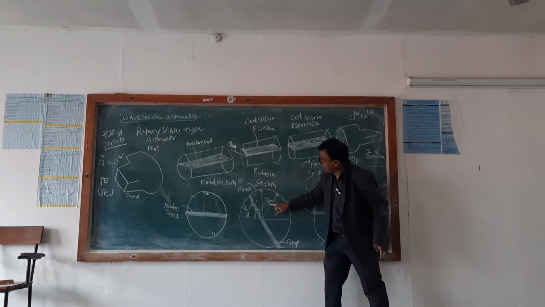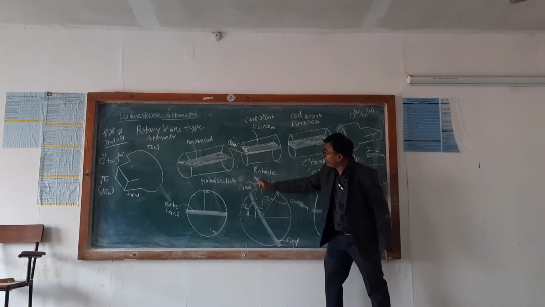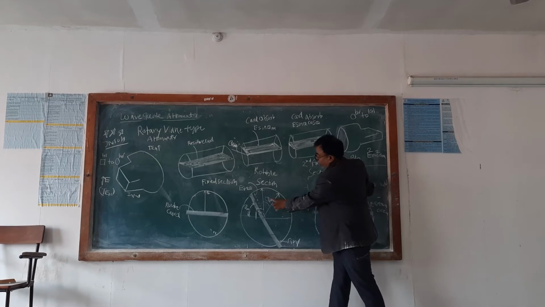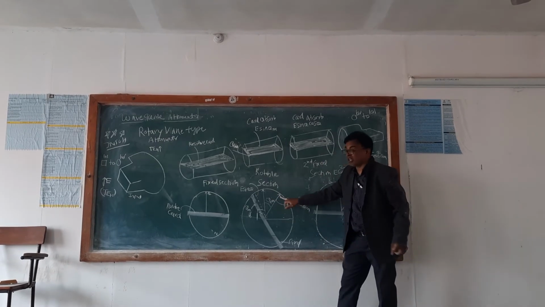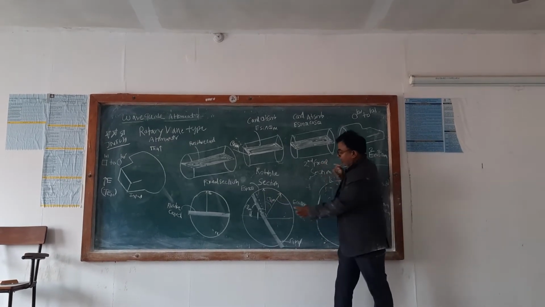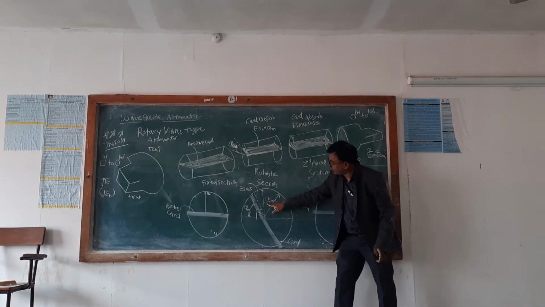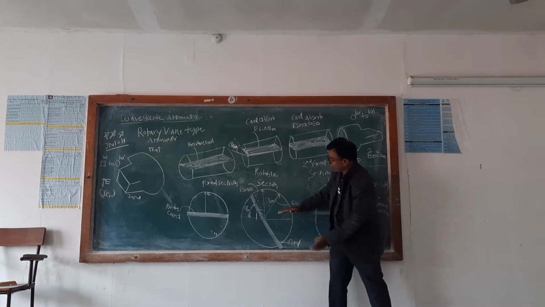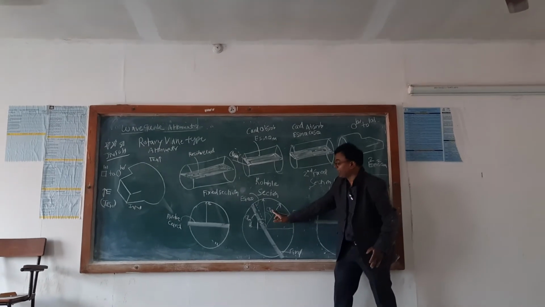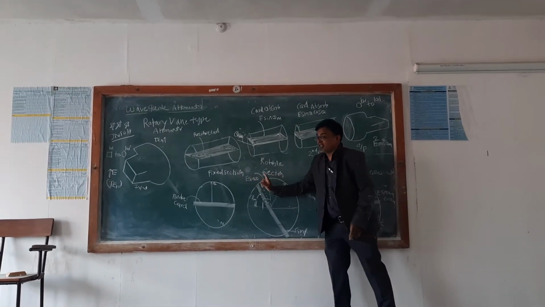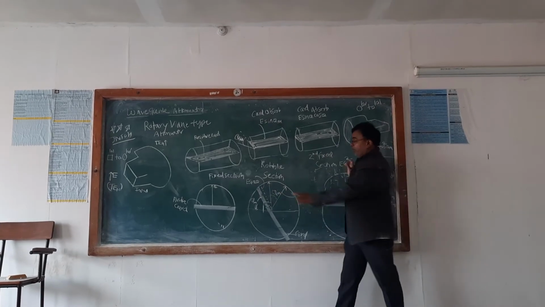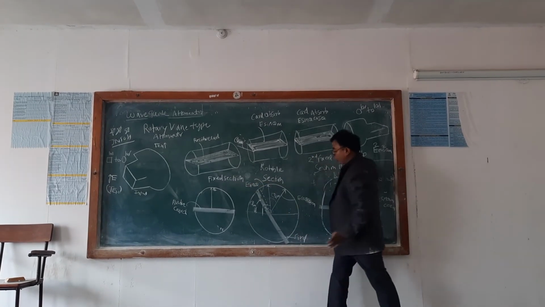If this is theta m and the electric field is there, what should be the contribution along with the electric field? There are two components of theta m, one sine and one cosine.